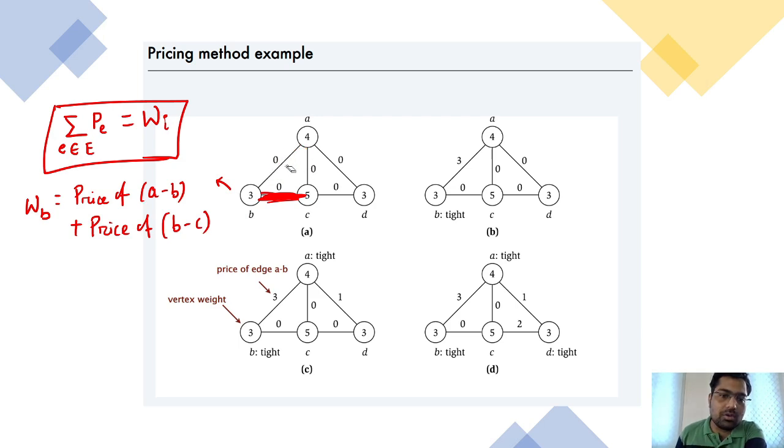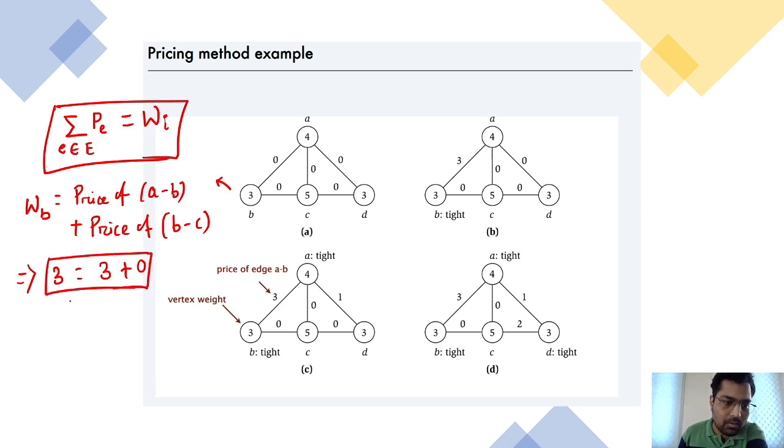Clear? If you are incrementing by targeting this edge, and it is 3, you say this is tight now.